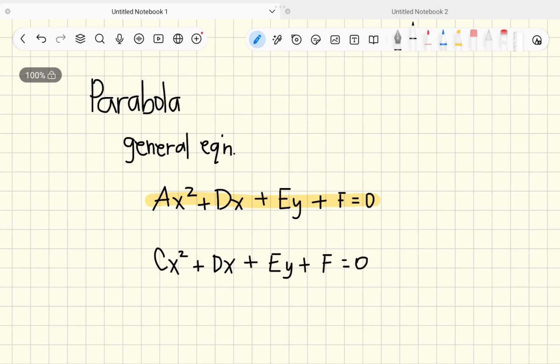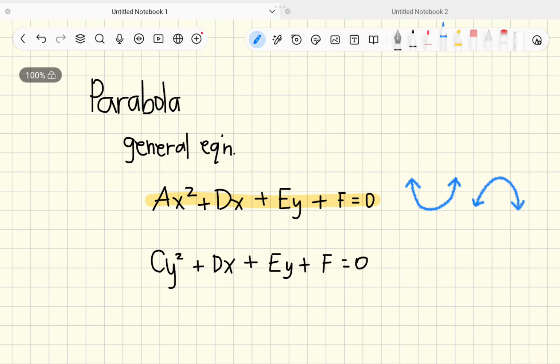Oh, sorry, this is supposed to be cy squared plus dx plus ey plus f equals 0. So if your equation is ax squared plus dx plus ey plus f equals 0, your parabola is either facing upward or facing downward.